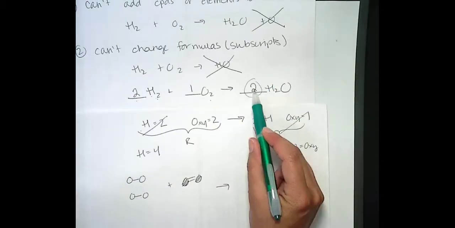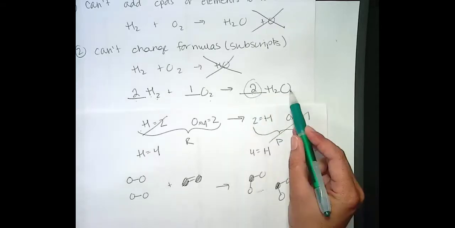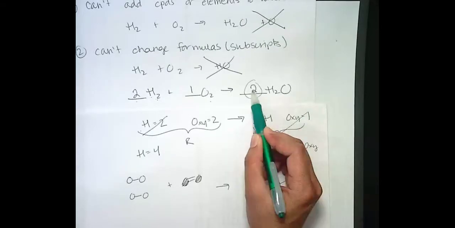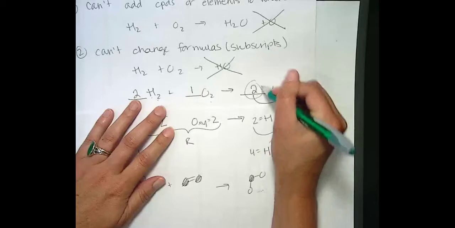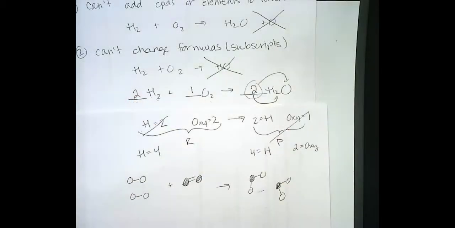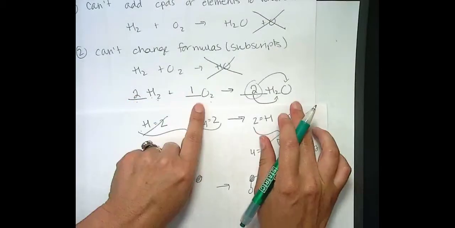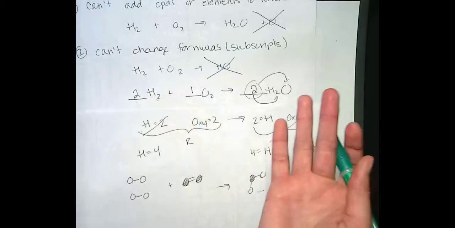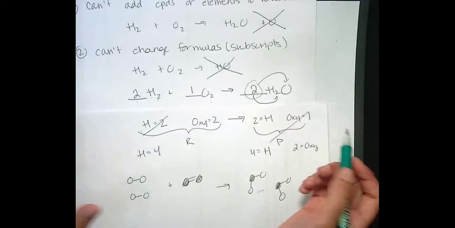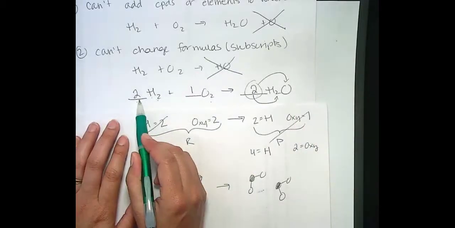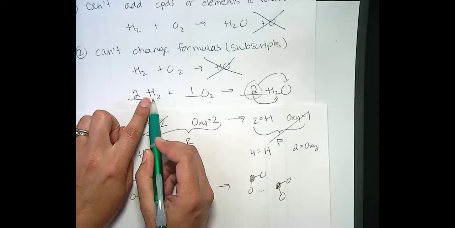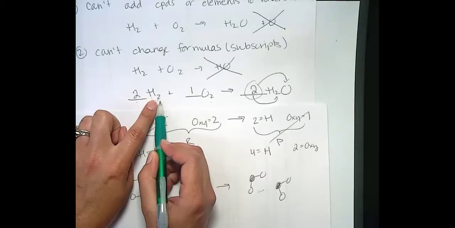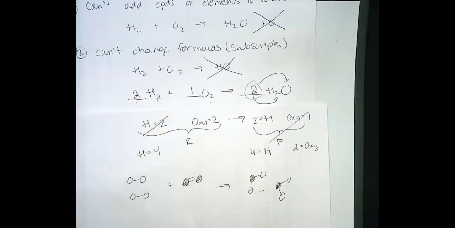So I put a 2 in front, which means I get 2 oxygen atoms, but it also means I have 4 hydrogen atoms. So I balanced my oxygens in that one step, but then I threw my hydrogens out of whack. So now I have to kind of even up the hydrogen count. So I put a 2 in front. Because it's only hydrogen in that molecule, I'm only changing the number of hydrogens.